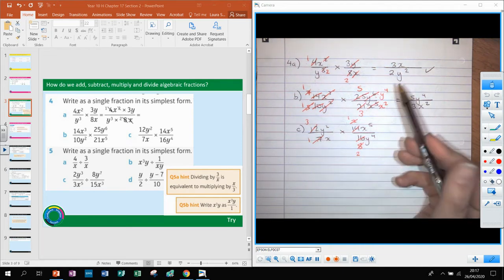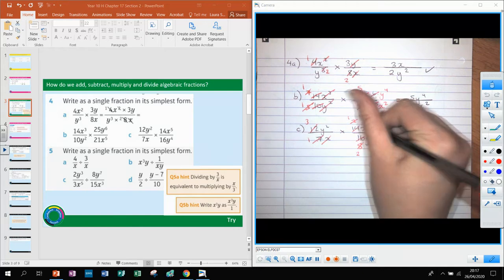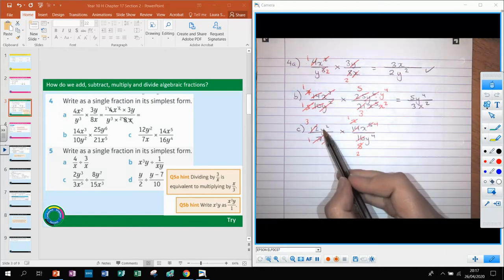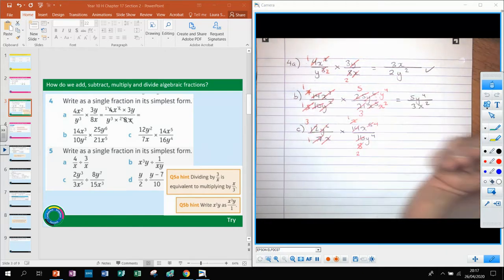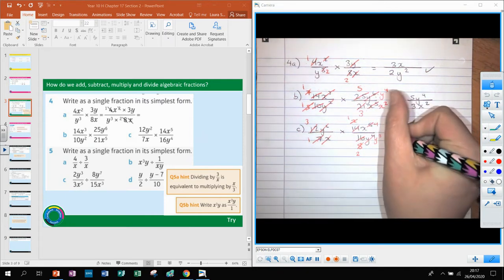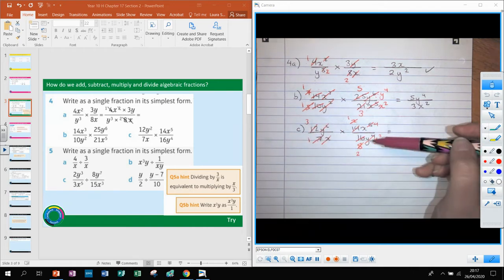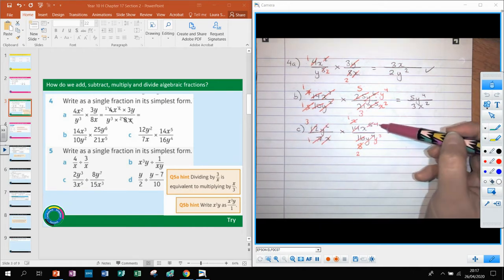I now need to look at the letters. X goes into x to the 5, making that x to the 4. Okay, and y squared goes into here, and that will make that y squared. All right, we've done our canceling. Let's take a look at our answer. We have 3 here times 1x to the 4.